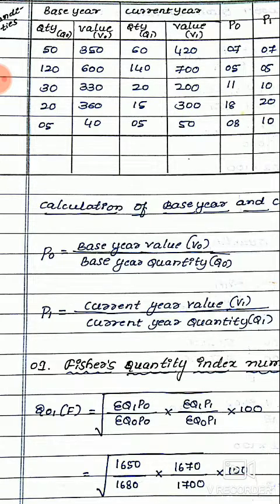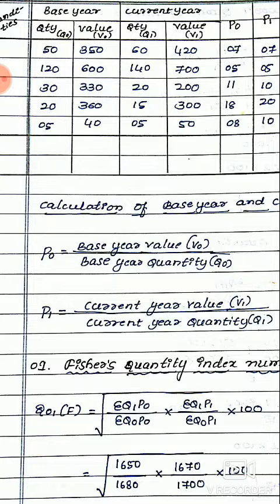The values are given 420, 700, 200, 350. Okay, this is the problem. Now we are going to compute Fisher index number, Marshall Edgeworth quantity index number and also Dorbish Bowley the quantity index number.